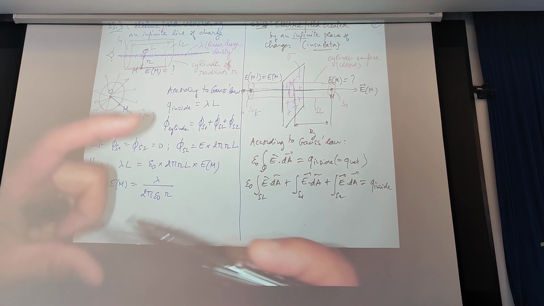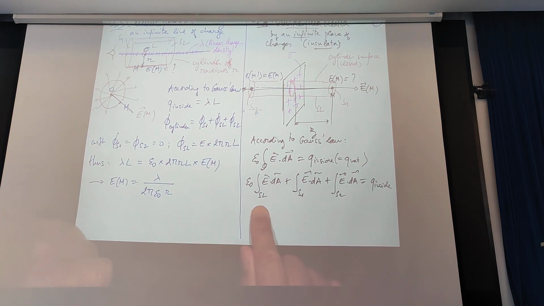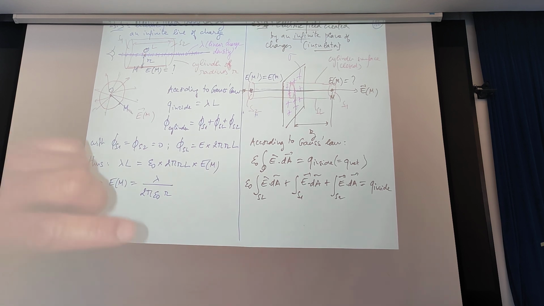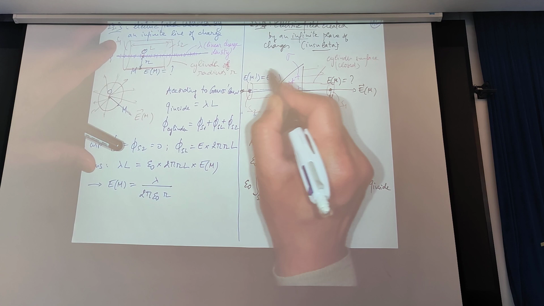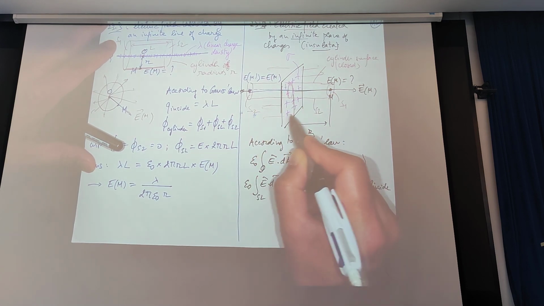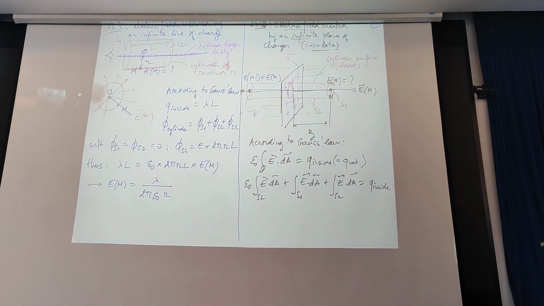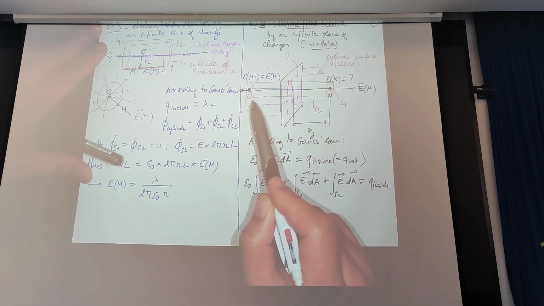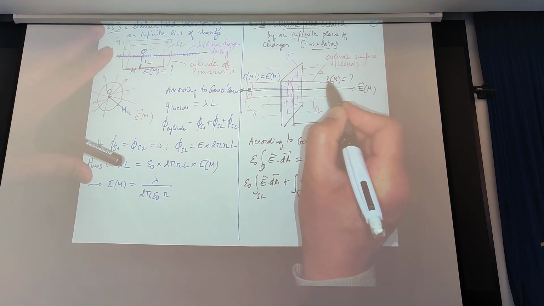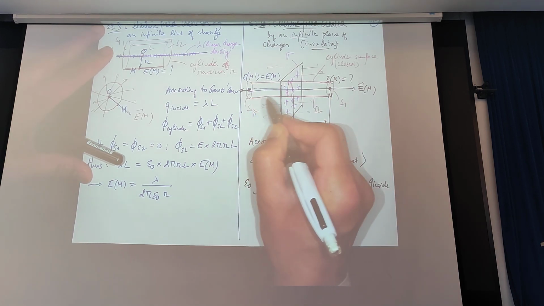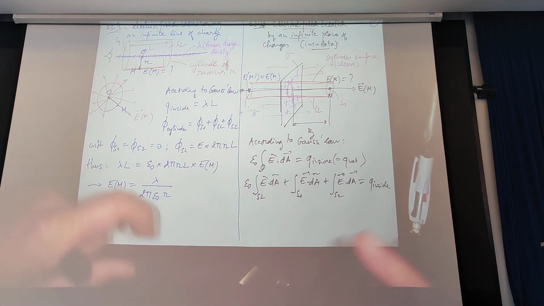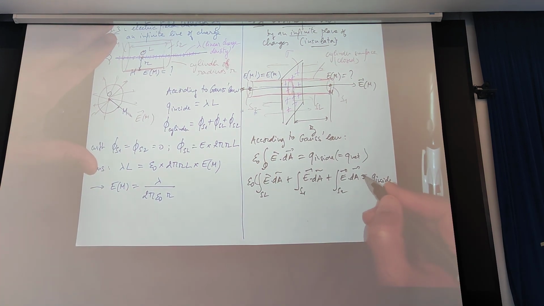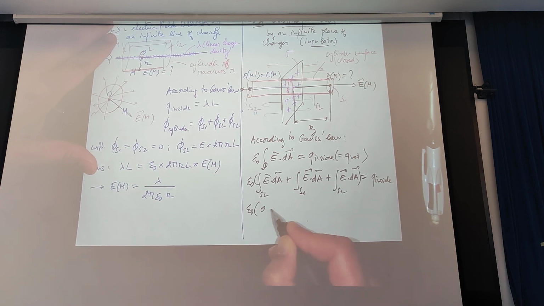According to you, what is the first term? 0, yes, because all the electric field is perpendicular to the plane, so all the electric field is parallel to this surface. You understand? Yes. So this one is 0 plus. What is the second term?